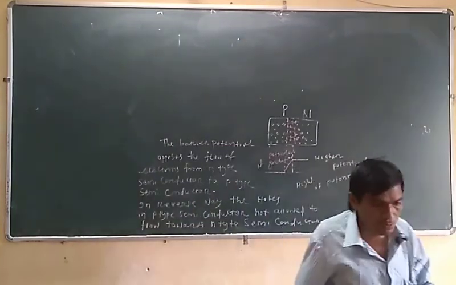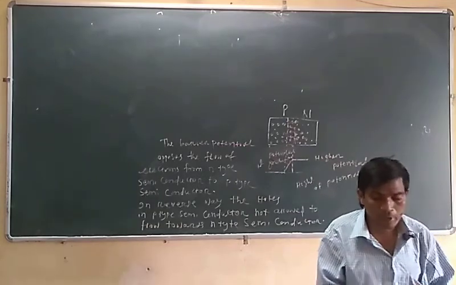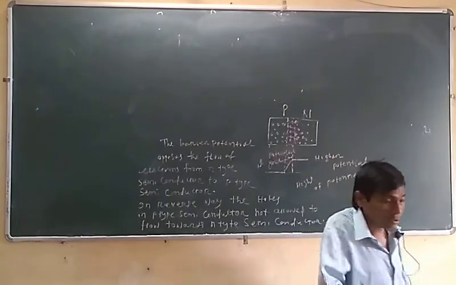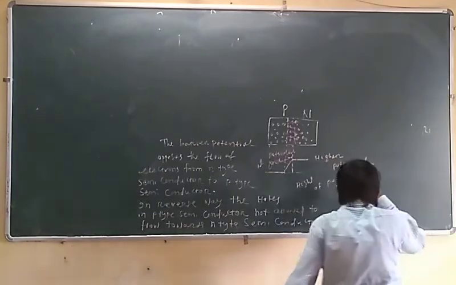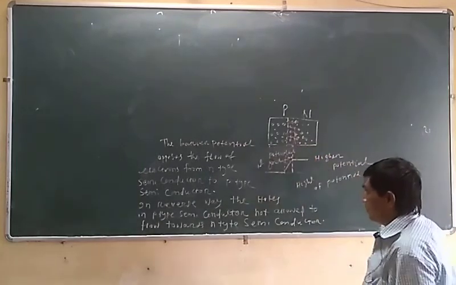It is not possible for the electrons of the n-type semiconductor and the holes in the p-type semiconductor to cross, because there is a potential barrier.